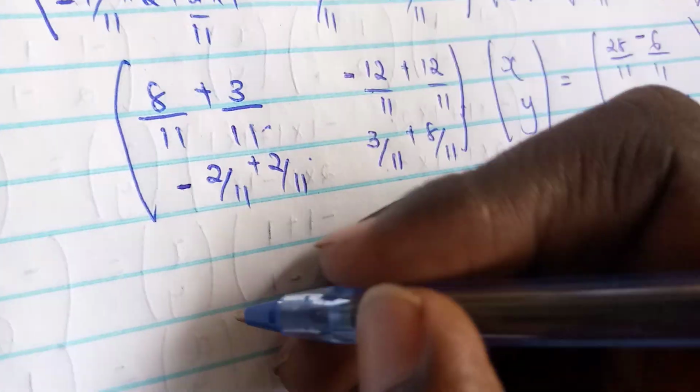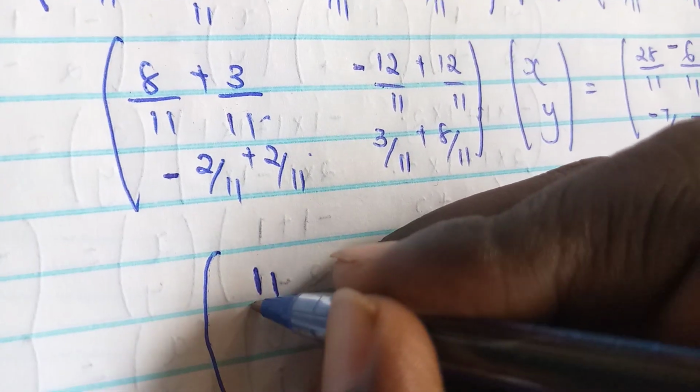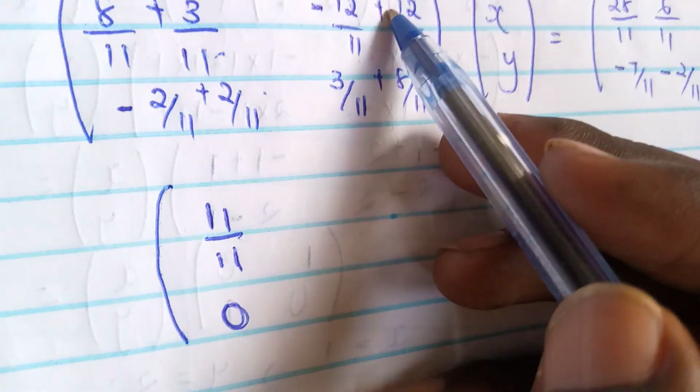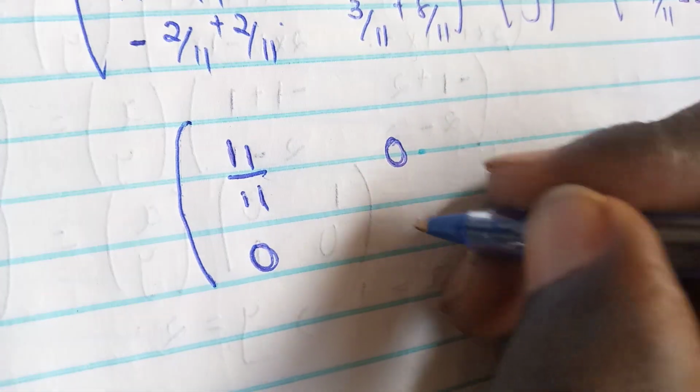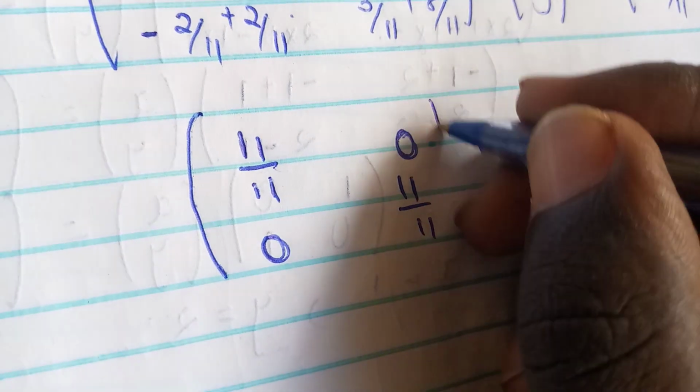So we work this out the simplified way. 8 plus 3, remember they have the same denominators, gives 11 over 11. This is a negative and a positive, so it leaves us with a 0. Even this, negative 12 plus 12, leaves us with a 0. And 3 plus 8 leaves us with 11 over 11.